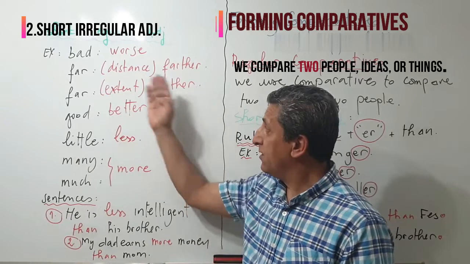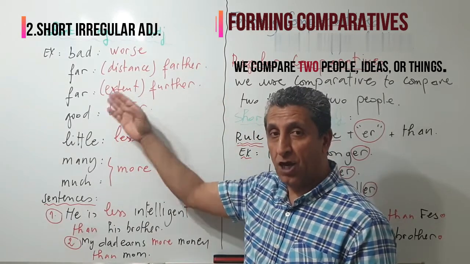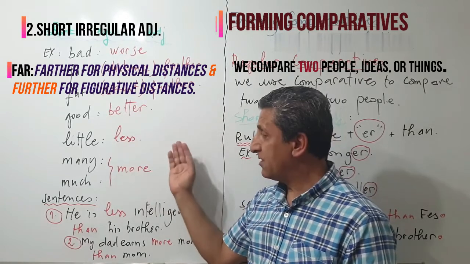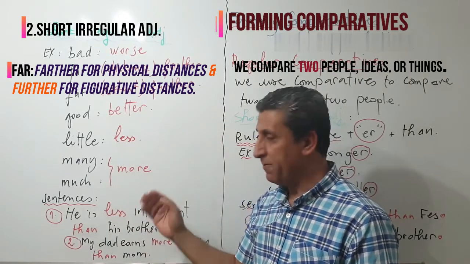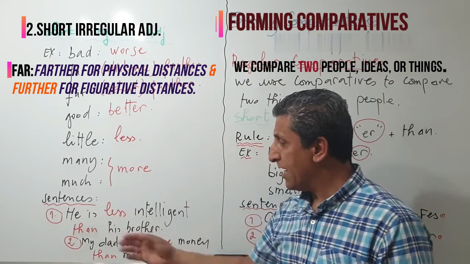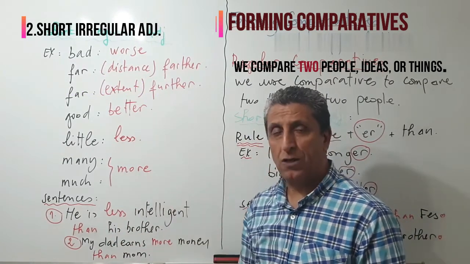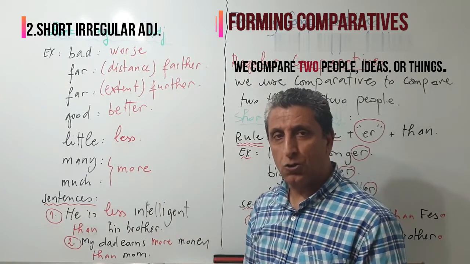Bad, worse; far, further, farther; good, better; little, less; many, much, more. Here I provided two examples, okay, with one or two of these irregular short adjectives.